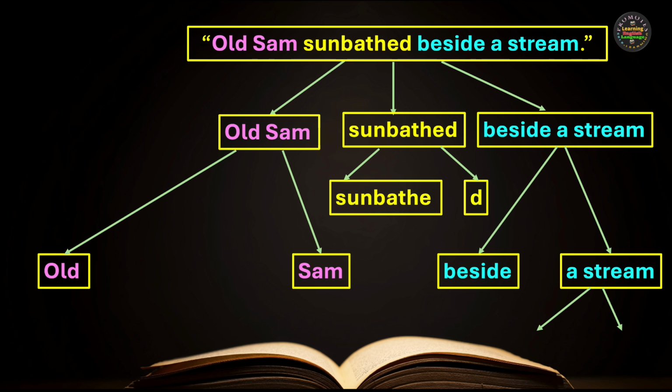And then a stream has 2 components, a and stream. Likewise, we can make tree diagram of any sentence in order to understand the syntactic patterns, syntactic components in the making of a sentence. And this makes a lot of sense because merely words don't convey everything.